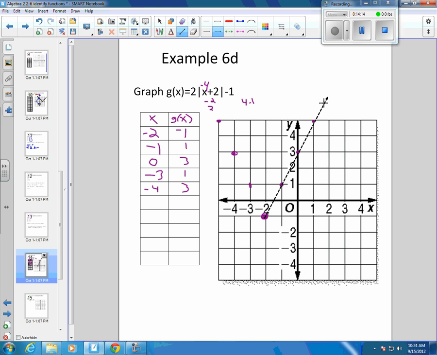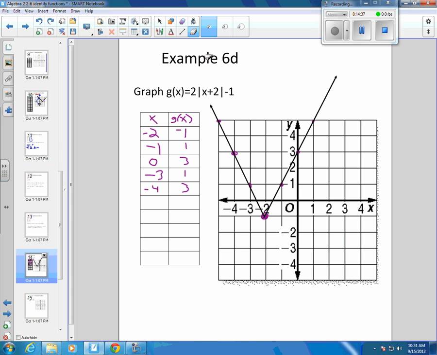And so there is my line, and I want a solid line, not a dotted line. And my absolute value would be a V, and I would be back 2, down 1, with a slope of 2. Let me make notes of that again.